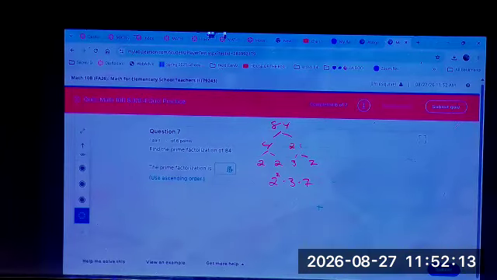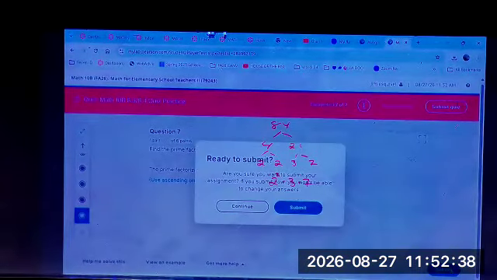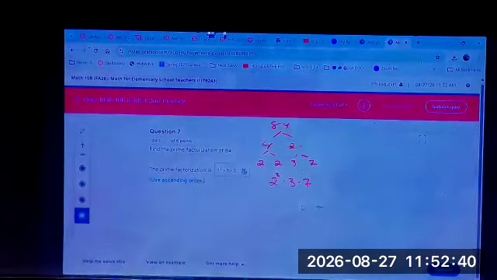And it says you must use ascending order. So 2 squared, then 3 times 7. Always make sure you look at your answer before you hit the next question. Now that's the last question, we hit submit. Turn it in. Are you ready to submit? Yes.